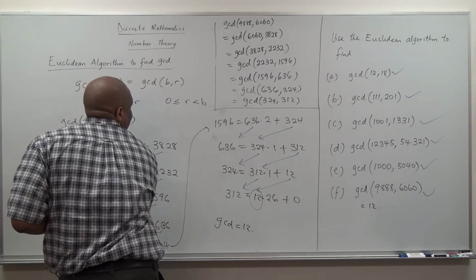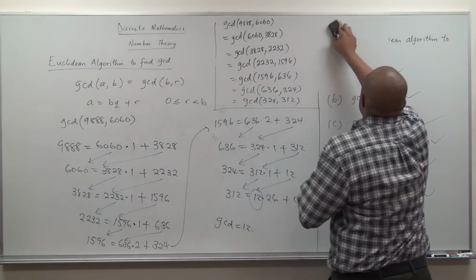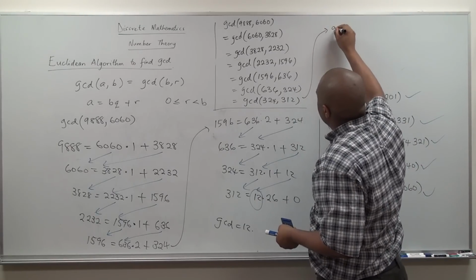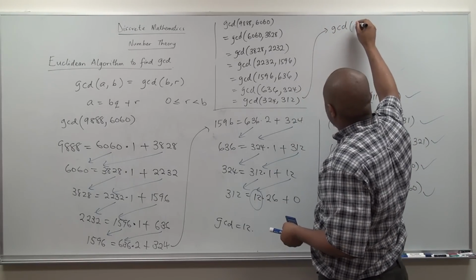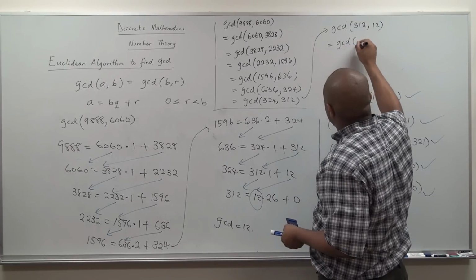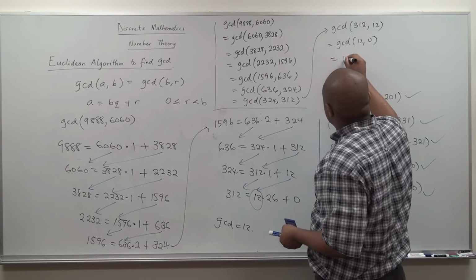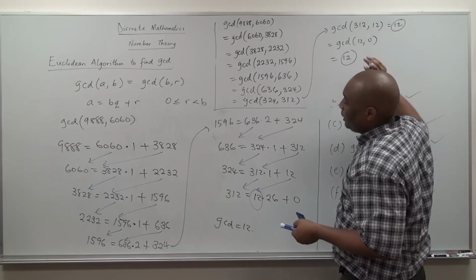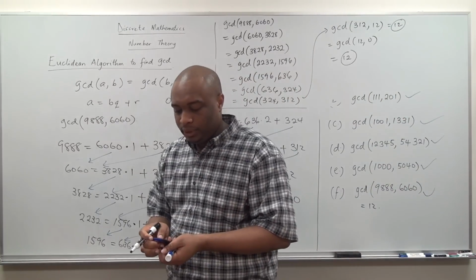Let me finish this because I don't want folks to say they're confused. So this will be GCD of 312 and 12, which is equal to GCD of 12 and 0, which is equal to 12. Now, if you want to stop here and write 12, that's still okay. It doesn't matter.